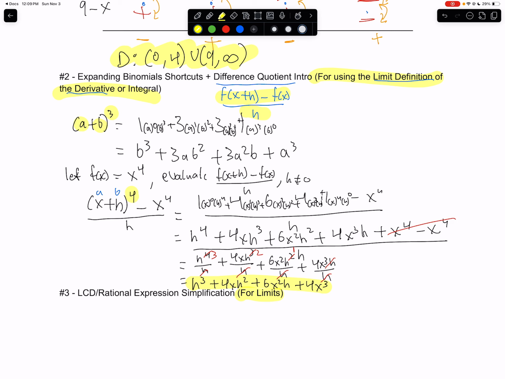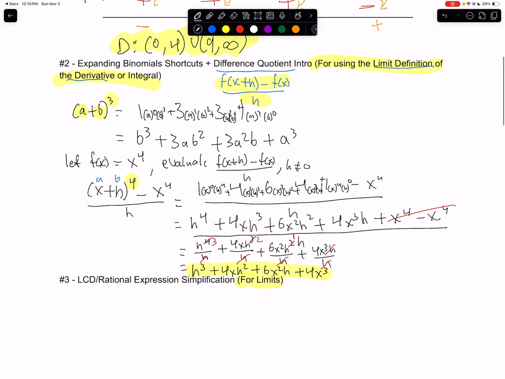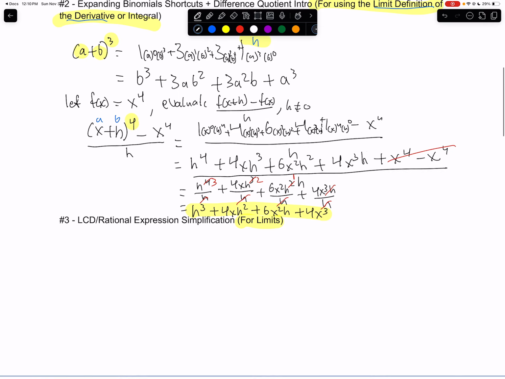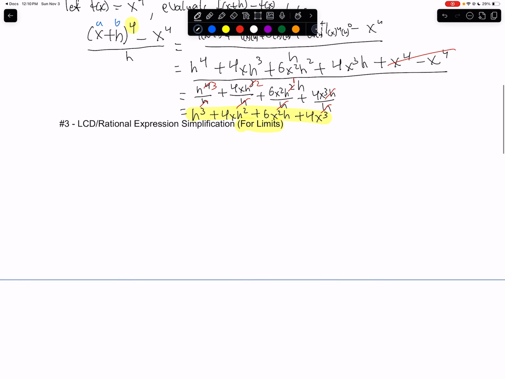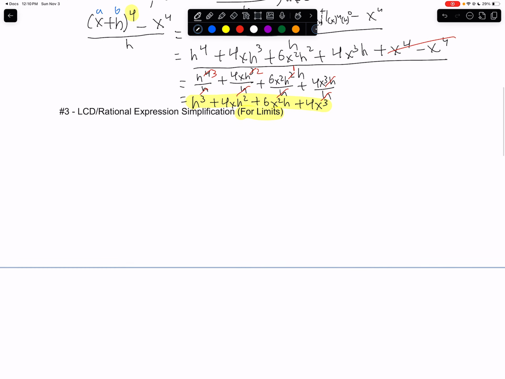The amount of mistakes you will make from foiling out a plus b times a plus b times a plus b times a plus b will be significantly more compared to using the Pascal's triangle technique. Pascal's triangle is a lot cleaner, and the foiling process has a lot of room for error. So that's why it's good to know, okay? Because your teachers will definitely take off points for algebraic errors. So you've got to make sure you master that and use these shortcuts to make it easier for you.